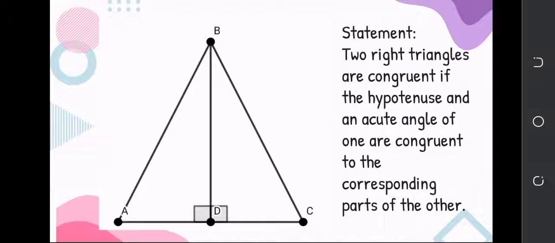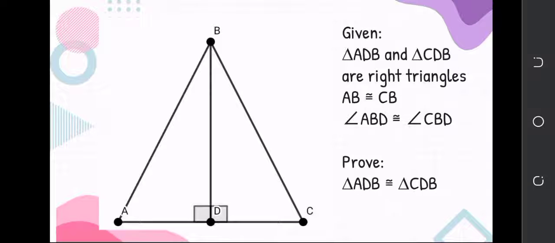Now for the second statement that we have to prove, you're given: two right triangles are congruent if the hypotenuse and an acute angle of one are congruent to the corresponding parts of the other. In symbols, the given is triangle ADB and triangle CDB are right triangles.